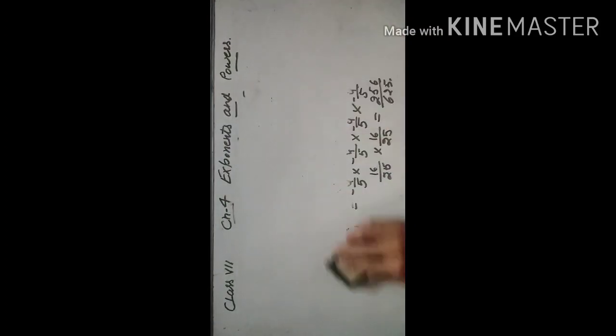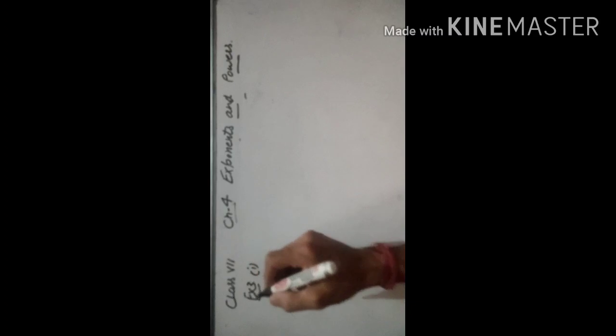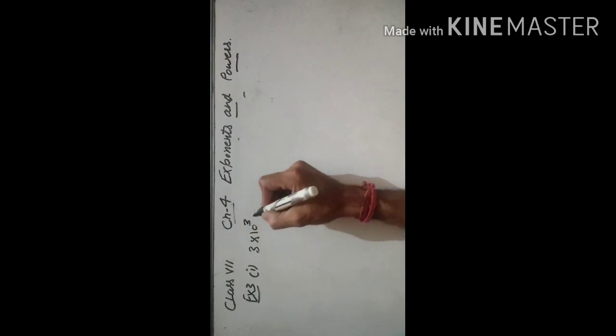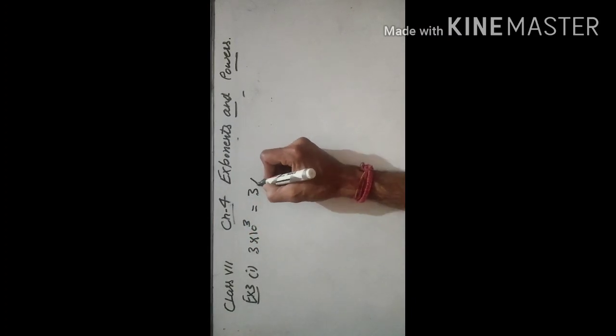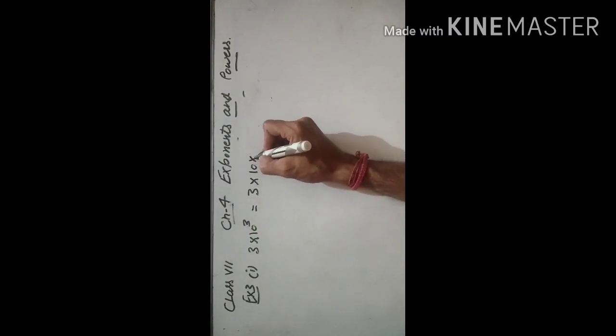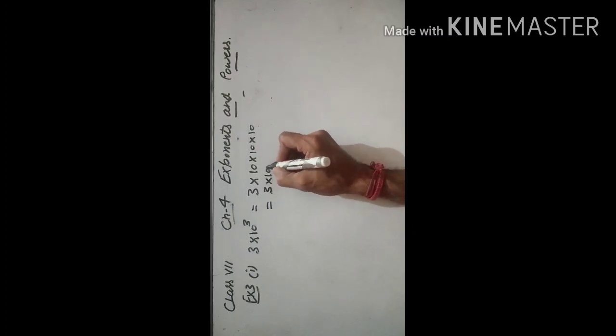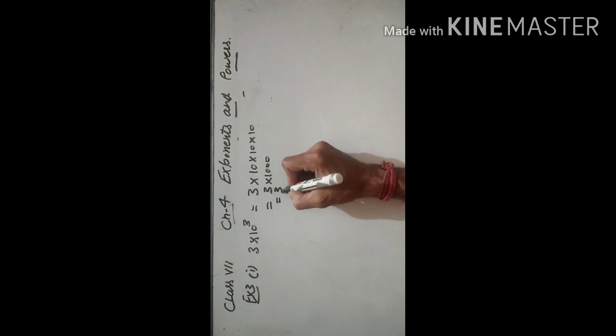Now come to example 3. Example 3, first part: simplify the following. 3 × 10 to the power 3, that is equal to 3 × 10 × 10 × 10, that is 3 × 1000, that is equal to 3000.